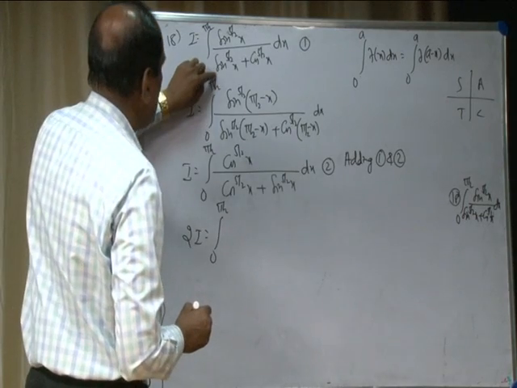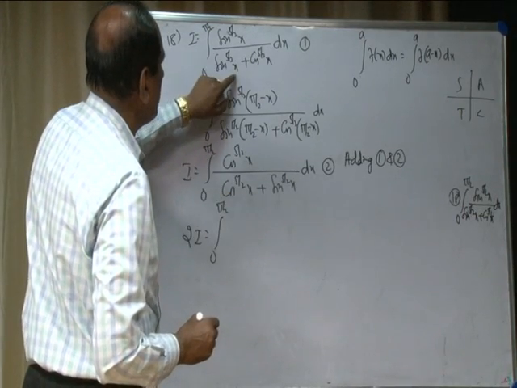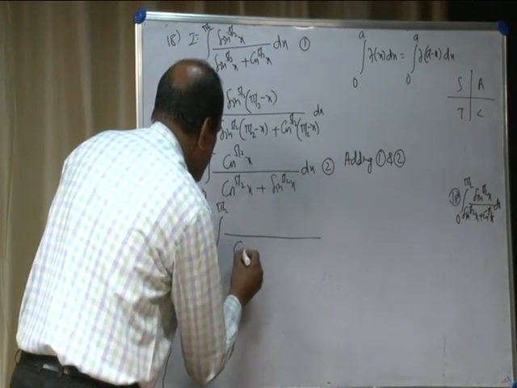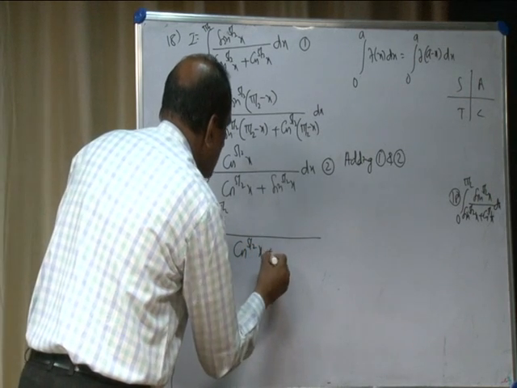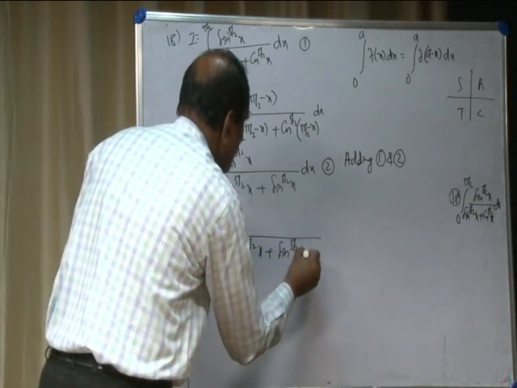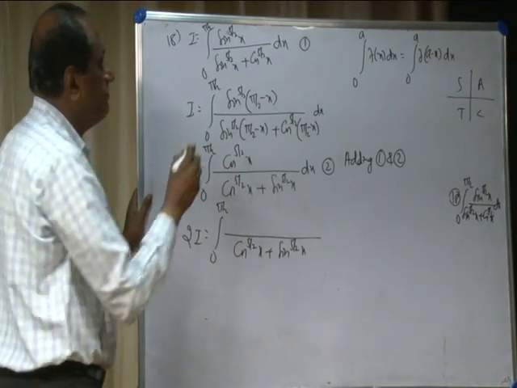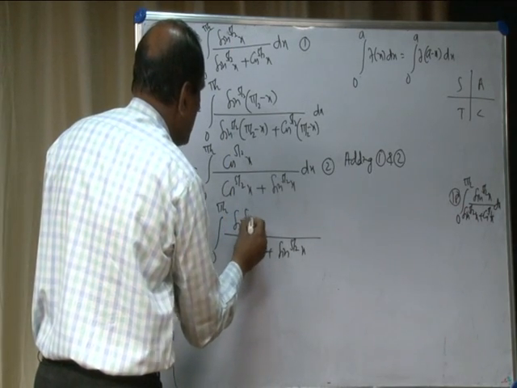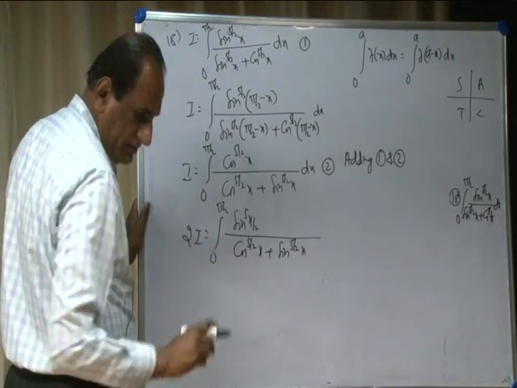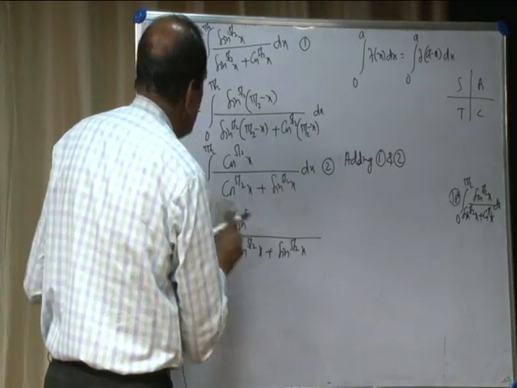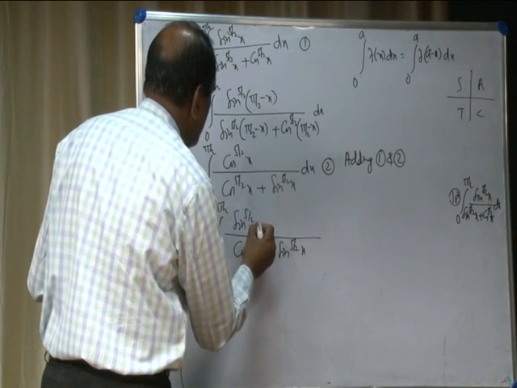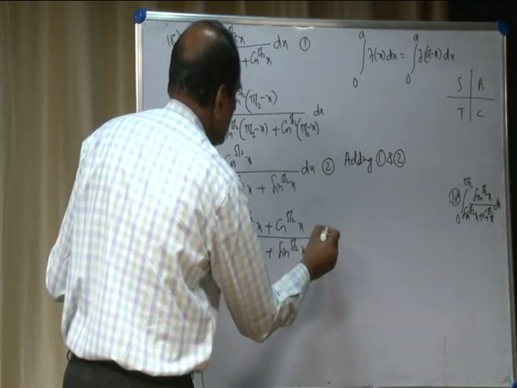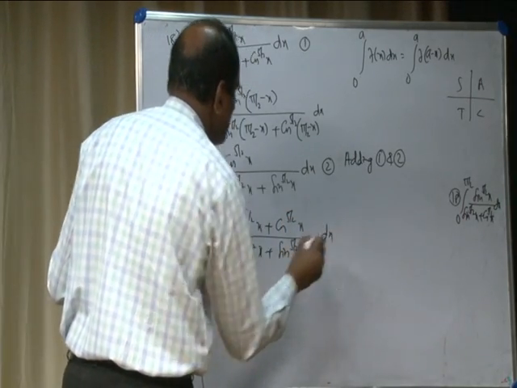See here, this denominator is the same as that denominator, sin power 5 by 2 x plus cos power 5 by 2 x, both bases being the same in equations 1 and 2. Add the numerators: sin power 5 by 2 x plus cos power 5 by 2 x, with the variable of integration dx.